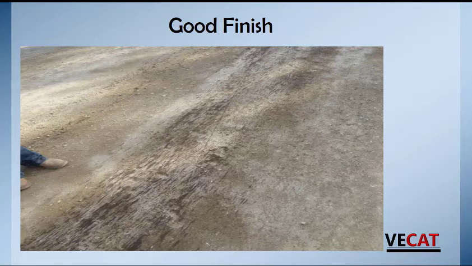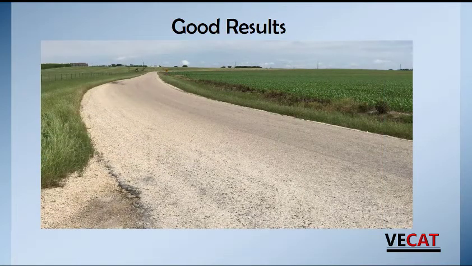The contractor had an issue with a bump, so he tried to get a grader on it, and you can see the grader really fought this material and had a hard time scraping it. And after the good finish, we got good results. This was just a simple chip seal placed on the road, and the resulting road holds up for a long time.